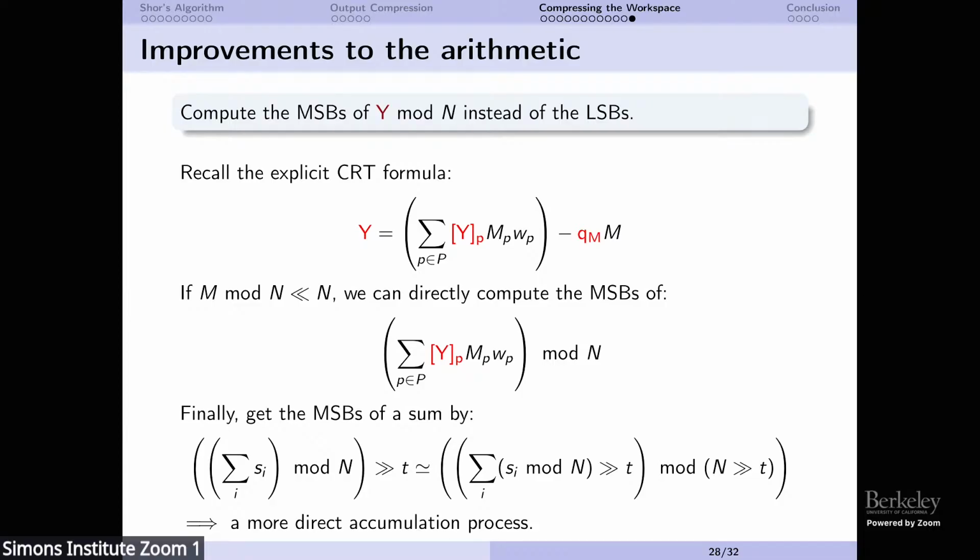Because if you do that, and if you recall this formula that is very important for us, the explicit Chinese remainder theorem, if you choose the residue number system appropriately, you can make it so that this factor will not intervene when you take the modulo n. So if, when you take the modulo n of this, m mod n is very small compared to n, then you can obtain the same value. You can directly compute the MSBs on this. And that is much better.